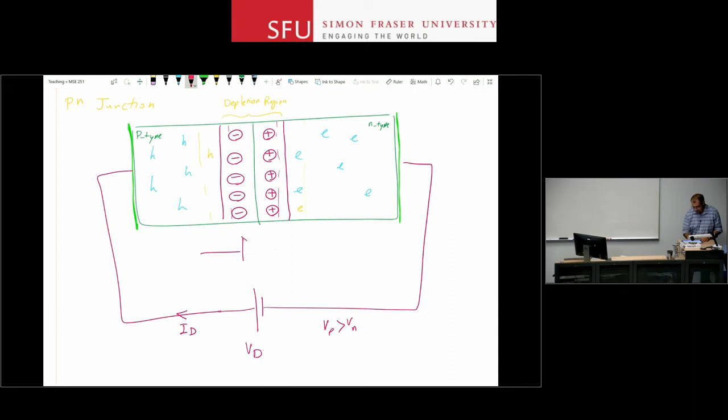This is going to behave like a PN junction. So for a semiconductor PN junction, the P side is your anode and the N side is your cathode.